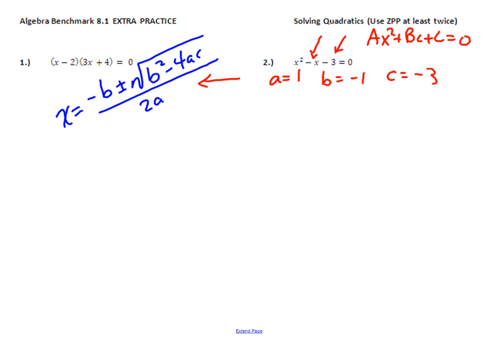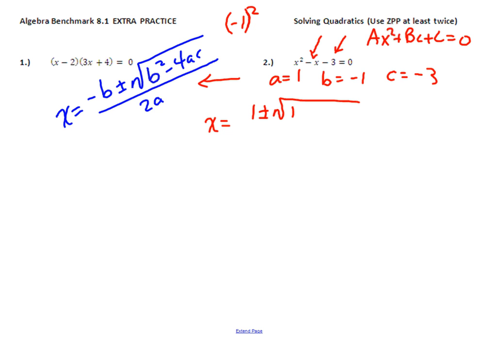I'll have x equals the opposite of b plus or minus the square root of b squared. Now right away I'm going to put a positive 1 instead of putting negative 1 squared like this. Your calculator will probably give you a negative 1 there for an answer. If you want, you can put parentheses around it, and then you'll be safe. I just like to do that in my head ahead of time.